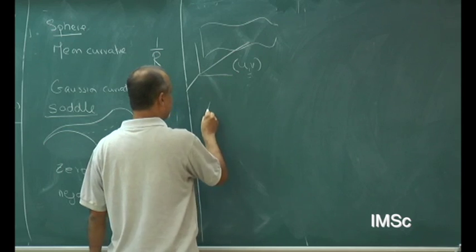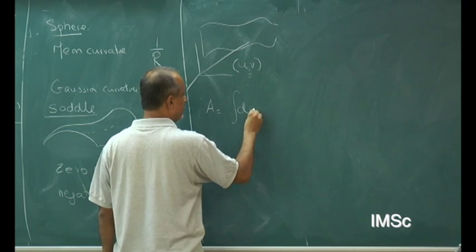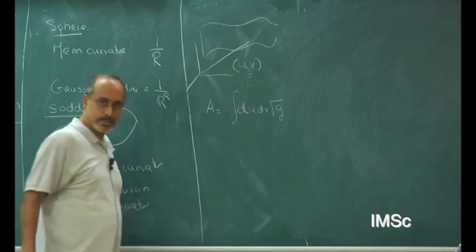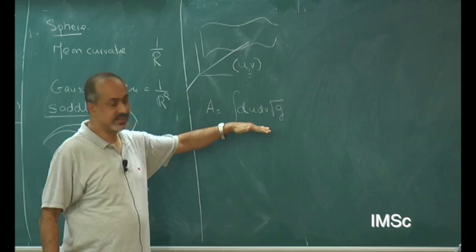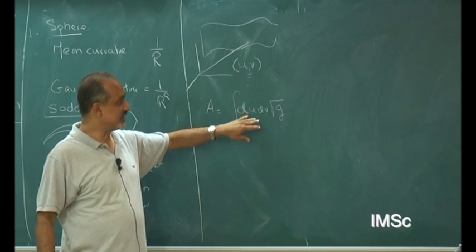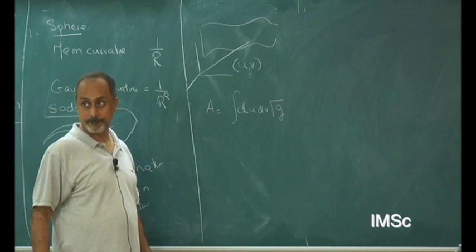First thing we said was the area of the membrane was the integral of du dv times the square root of this quantity called g. And I pointed out that writing it in this form was important because it ensures that whatever my choice of u and v, the answer for A would remain the same.